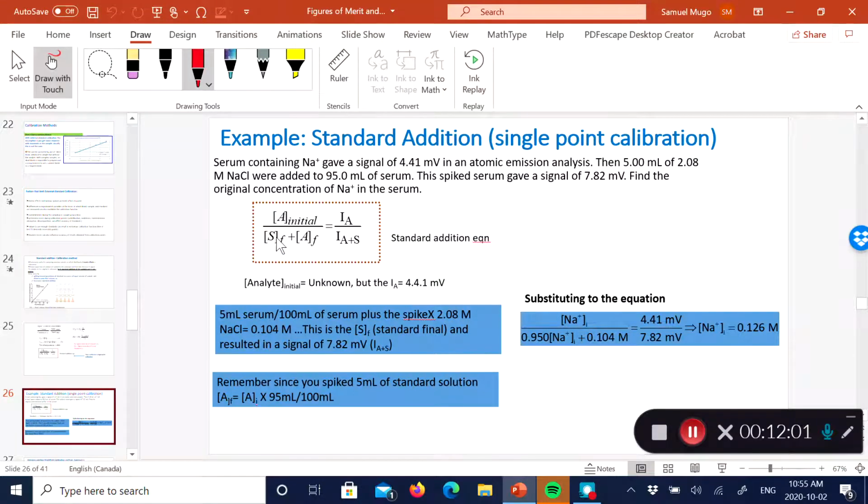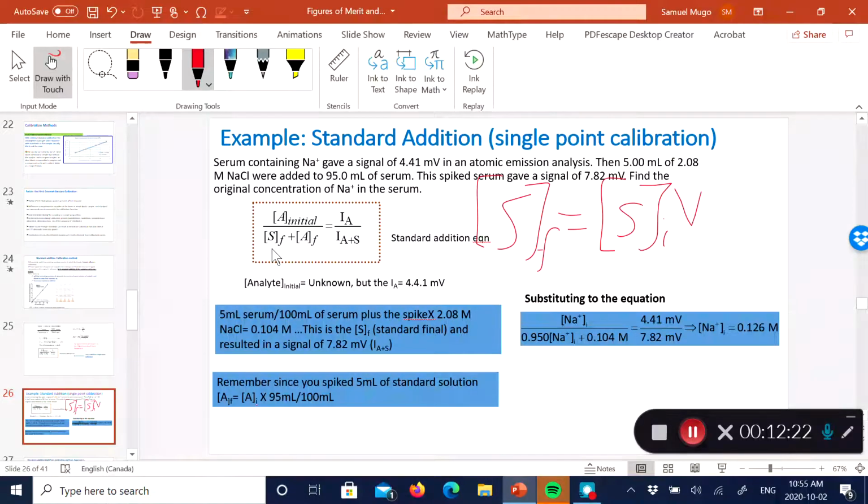And then I need to determine the concentration of the spike because I did the dilution, okay? And the concentration of the spike, the standard final, is going to equal the standard that I had initially multiplied by the dilution factor, which is the volume added divided by the volume total.